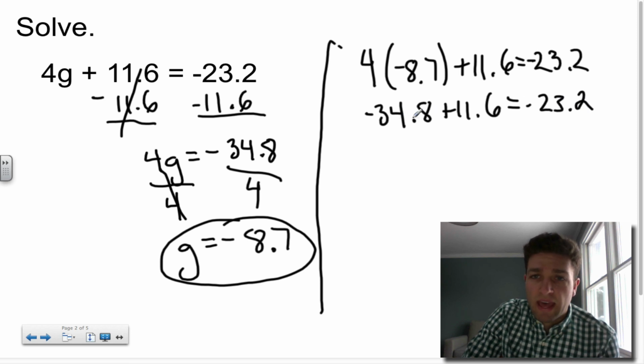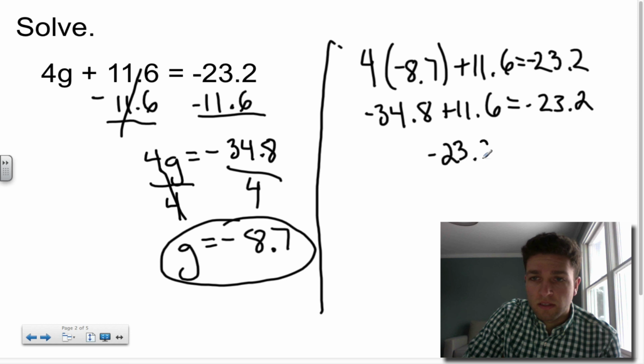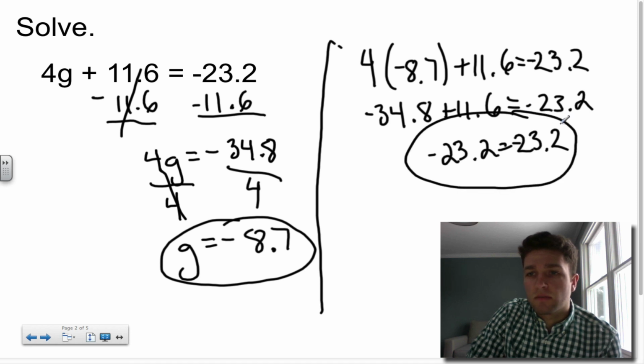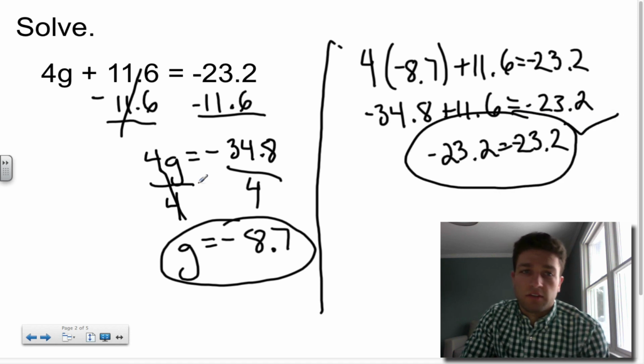And then if I add 11 and 6/10 to negative 34 and 8/10, I'm going to, hopefully, and I do, end up with negative 23 and 2/10. And there we go. My equation checked out. I've solved correctly for g.